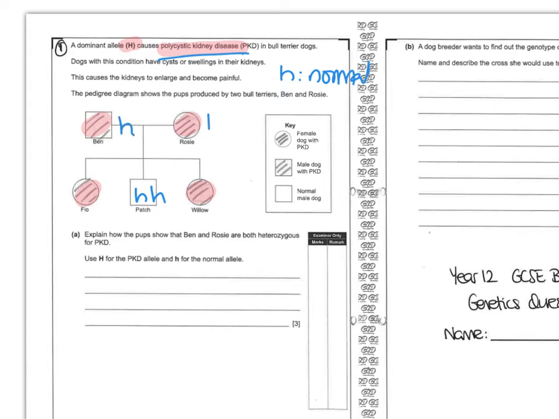Patch must have got a small h from each parent, but yet each parent has this condition, so they must also have a big H. So that's what you need to explain then: explain how the pups show that Ben and Rosie are both heterozygous. What the mark scheme is expecting you to say is that Patch is small h, or if you said homozygous recessive, you get a mark.